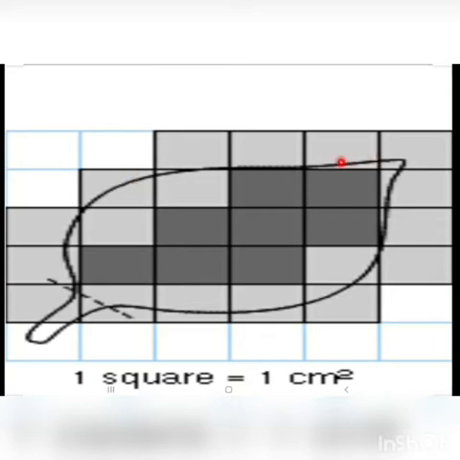Now this portion is small, here also small, here also small, so we are avoiding those. Now, two halves can be taken as one, so these two halves make one and this half makes one. So altogether we counted 11 squares, isn't it? Plus 2, 13. So 13 square units will be the area of this leaf.